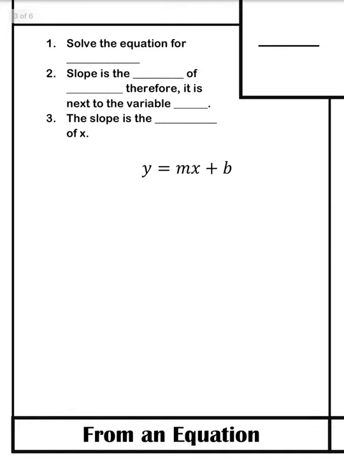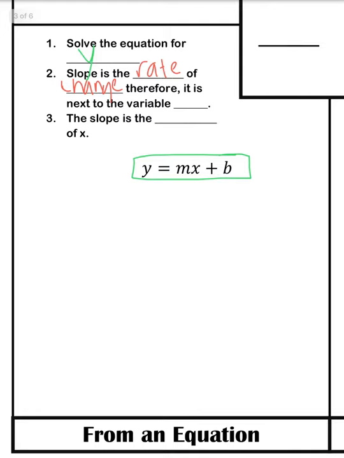As we see in this section, we can find slope from an equation, and we already talked about this. The biggest thing that we need to understand, and once again know, is that slope-intercept form is y equals mx plus b. In order to find slope, I need to solve the equation for y. And we also need to understand in number 2 that slope is the rate of change.